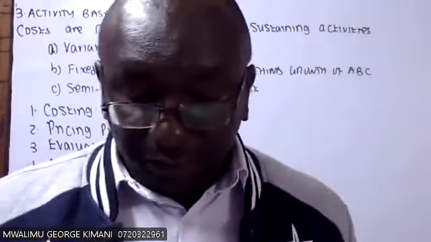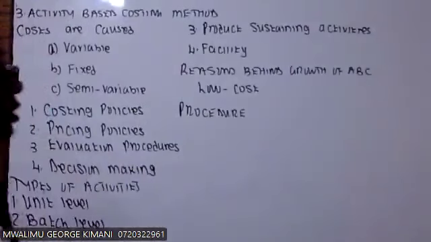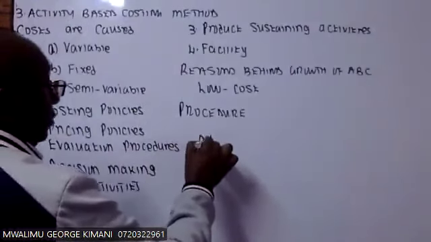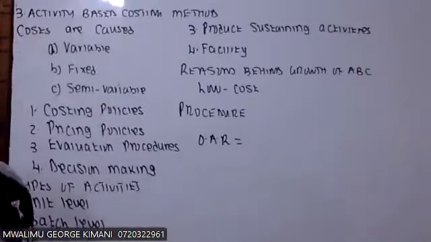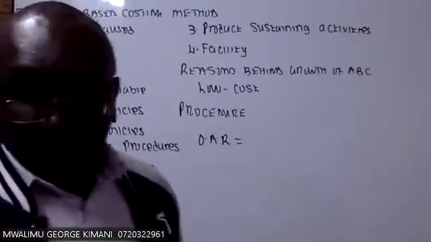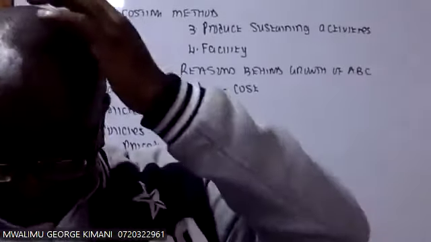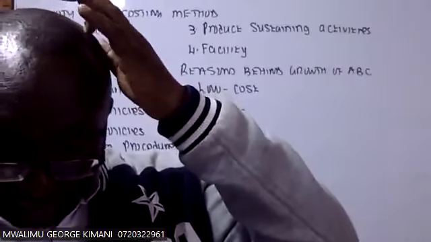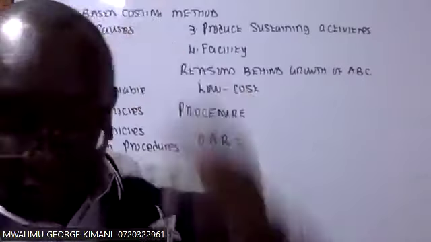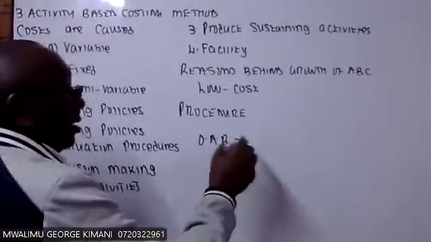Number 4, compute OAR for each cost center. And you write this formula.